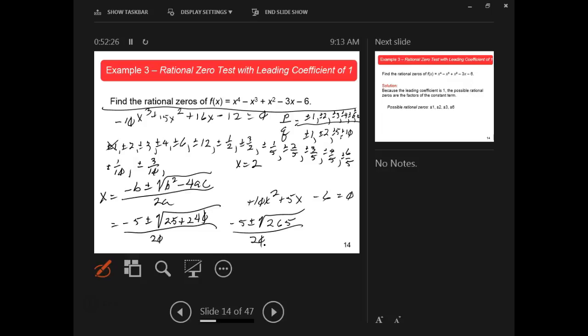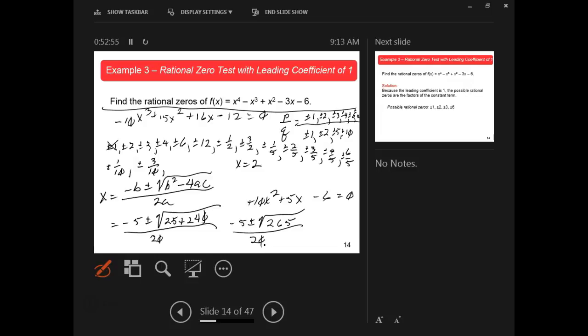Now, they did do something a little differently in that they used the original function we had, which was a minus, minus, plus. But guess what? It gives you the same solution. They just did a plus here and a minus here, and that's still a plus or minus the square root, so it's going to give you the same two answers. Okay? So it doesn't really matter which way you write it. I like this way a little better. So those are your last two zeros.